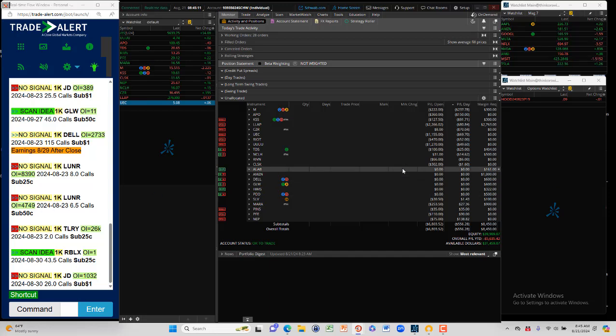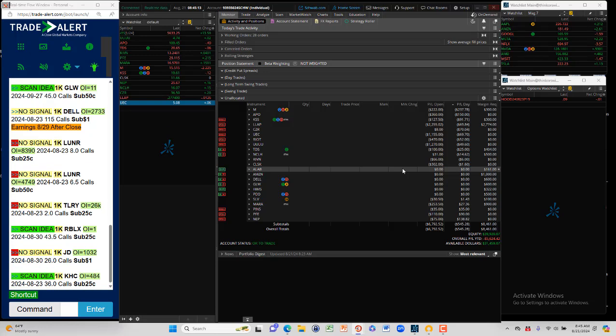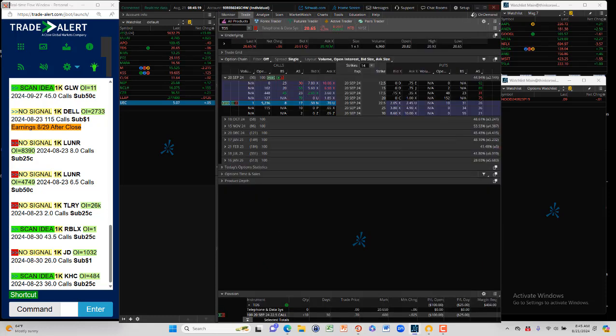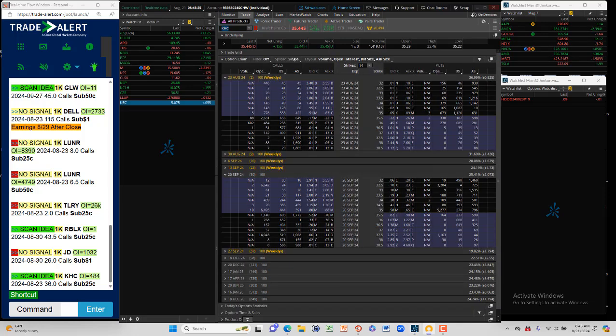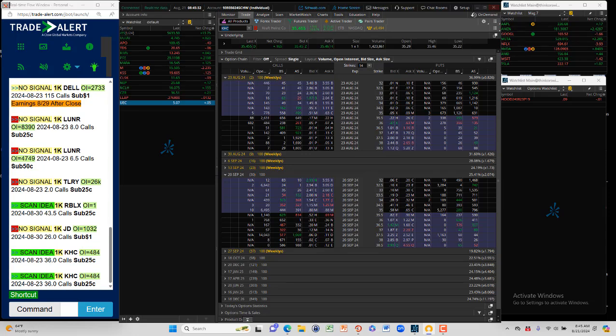Tesla slowly climbing higher. Glow, I was actually trying to sell calls in Glow. Kraft weekly 36s trading at 77 cents. So TDS, guys, I'm looking to add TDS 9/20/2024 22.5 calls for 50 cents. The stock hasn't really moved. It's just time decay is kind of hurting these a little bit.